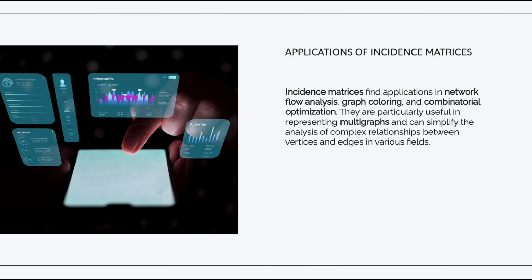Applications of incidence matrices: incidence matrices find applications in network flow analysis, graph coloring, and combinatorial optimization. They are particularly useful in representing multigraphs and can simplify the analysis of complex relationships between vertices and edges in various fields.